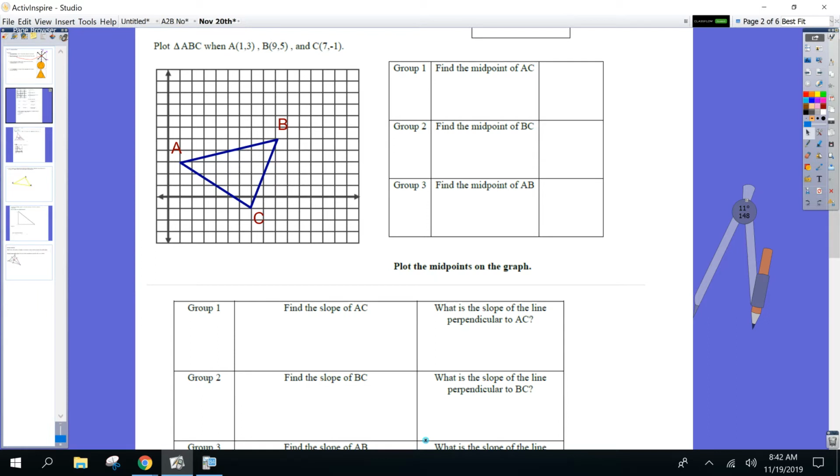Go ahead and plot triangle ABC, then I will divide everybody into 3 groups because you got some big jobs here to do today.